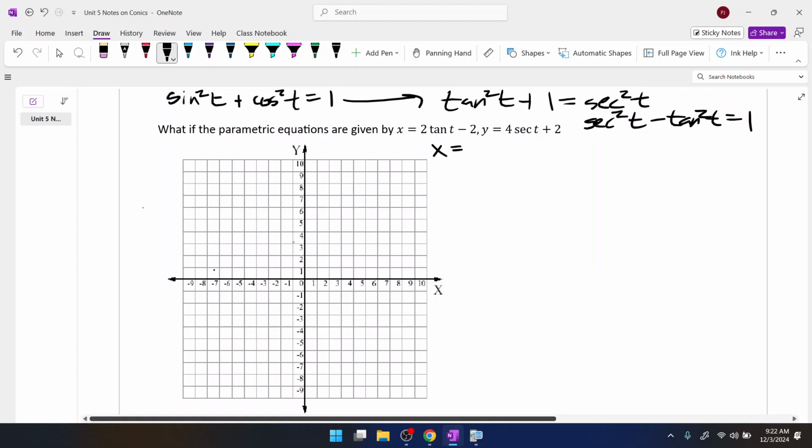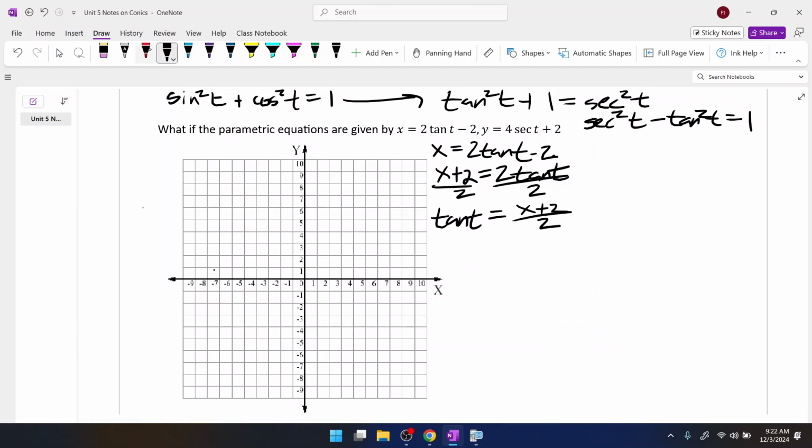So x equaling 2 tan t minus 2, for tan you have x plus 2 equal to 2 tan of t, and then we divide by 2. Tan of t is x plus 2 over 2.